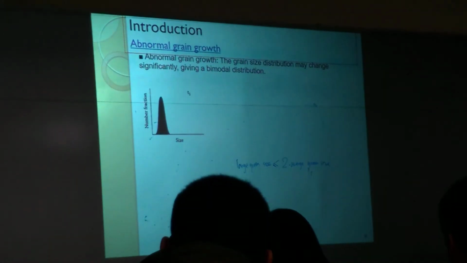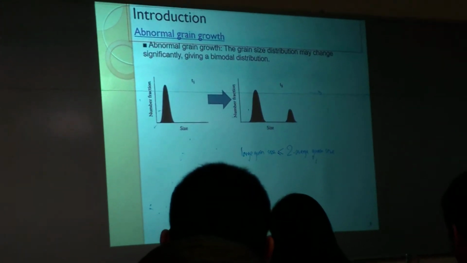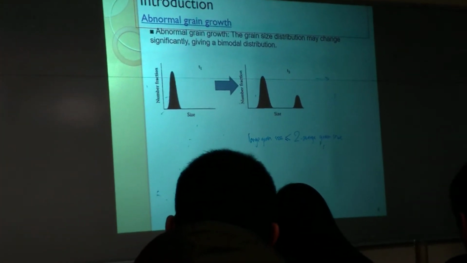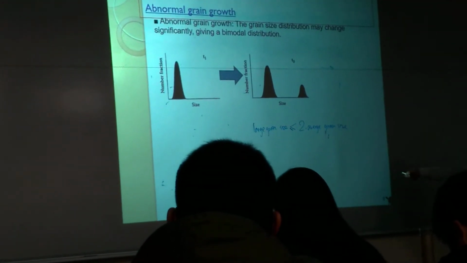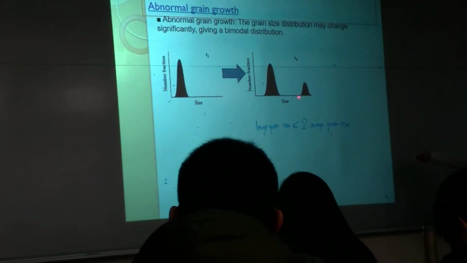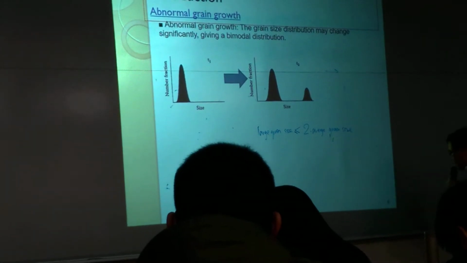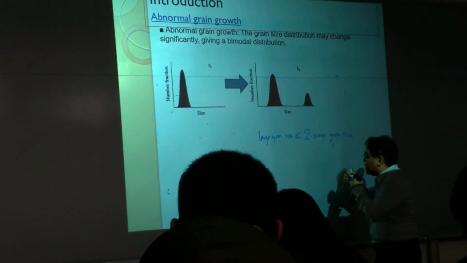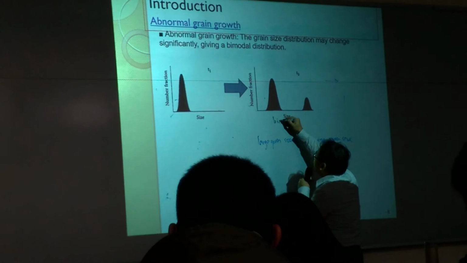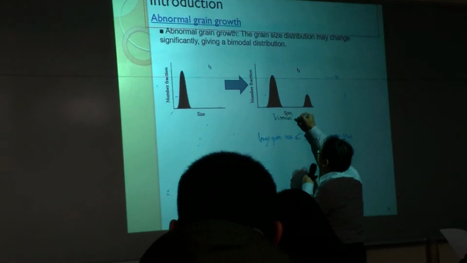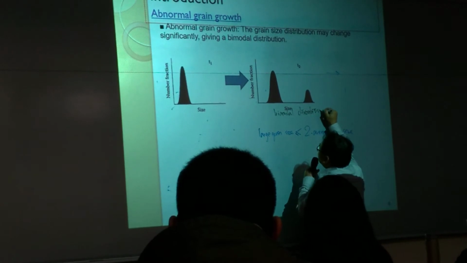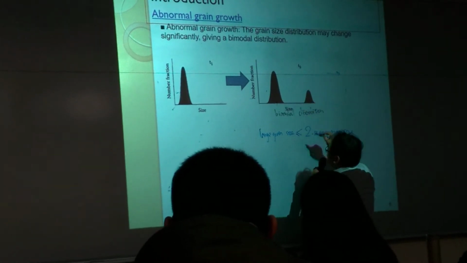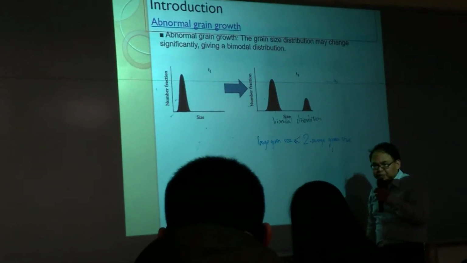The second one is about abnormal grain growth. During the sintering process, you may have a bimodal distribution. Here we call it bimodal distribution, which means you need to use two average grain sizes to represent it.